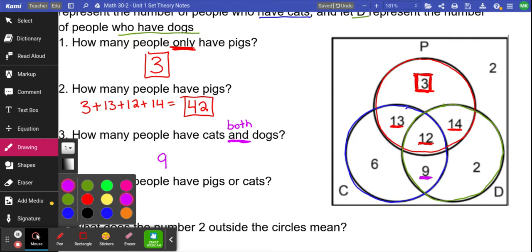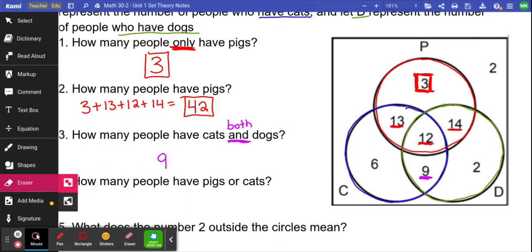A lot of the time, 9 is the answer I would get here, which is partially correct, but it's actually missing a group of people. Because these 12 people right in the center, if I asked you, do these 12 people own cats and dogs? The answer would be yes. The difference between those 12 and the 9 below is that those 12 have pigs as well.